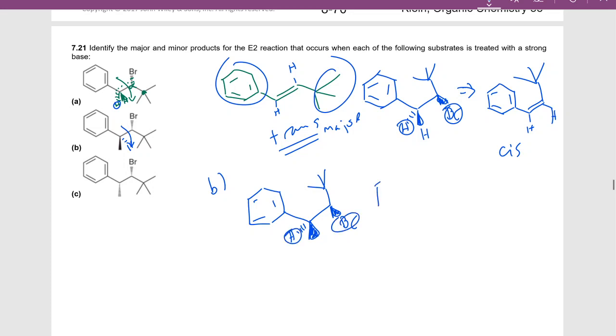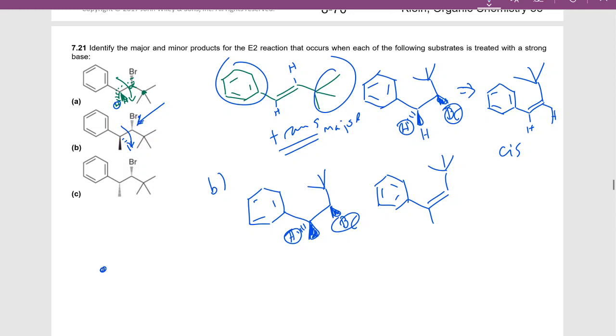So the product is going to be the one with the double bond between the two carbons as shown, which is the cis configuration. And we could have predicted that by drawing the Newman projection. Let's draw a Newman projection as shown here in the rotamer shown, okay?